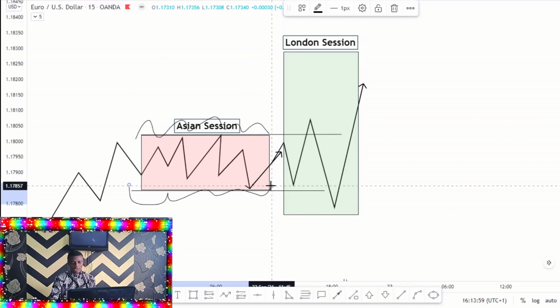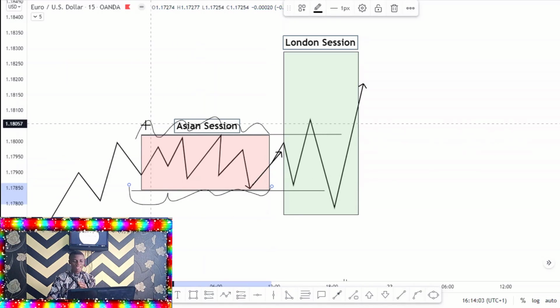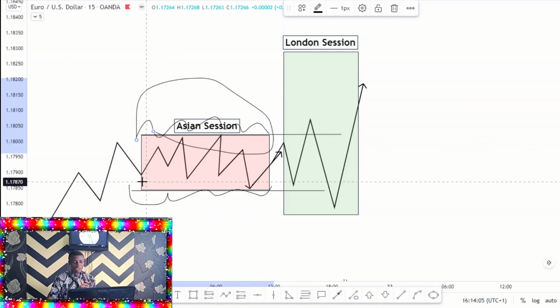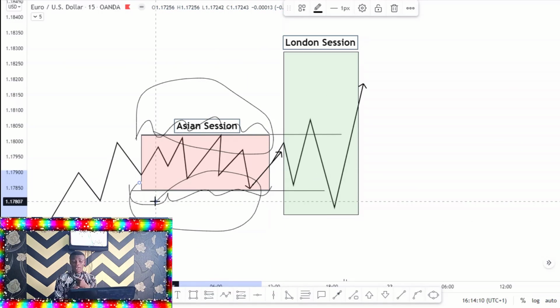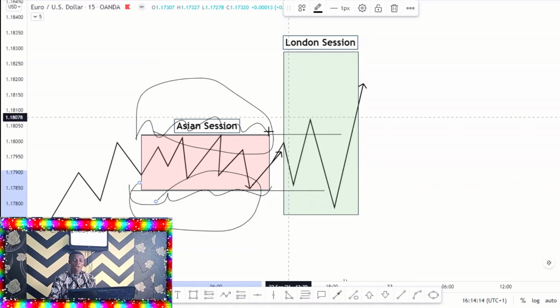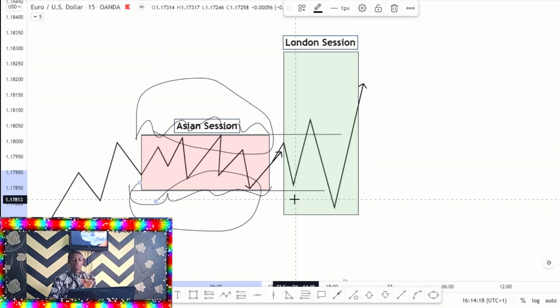They know they're going to come and take out this liquidity, and they will also come and take out this liquidity. What they are doing is just to entice us to take a buy or a sell. But the area where they want the price to go is already in their mind.